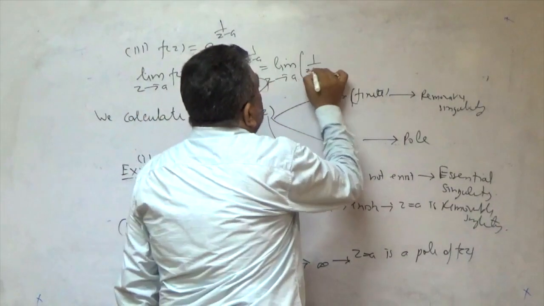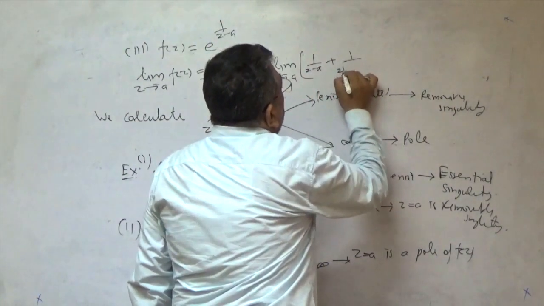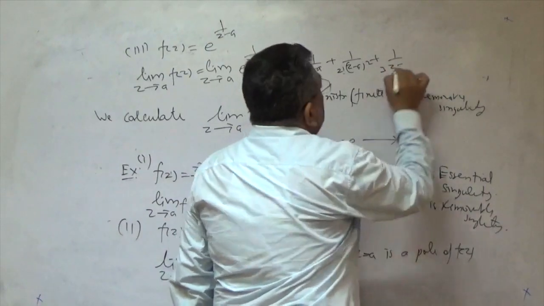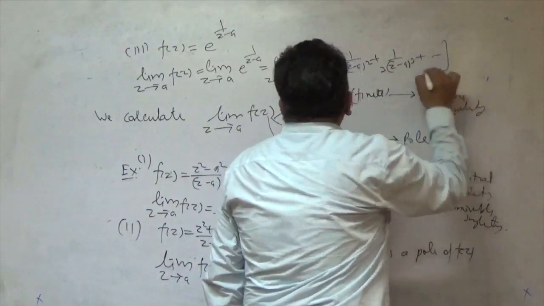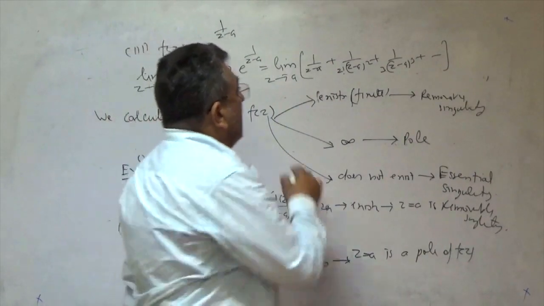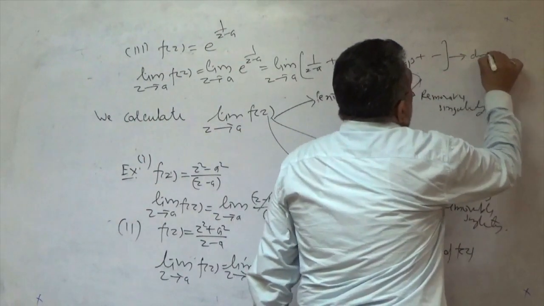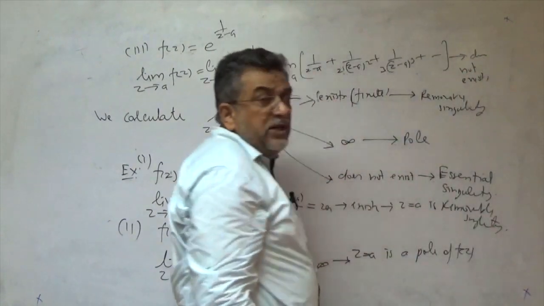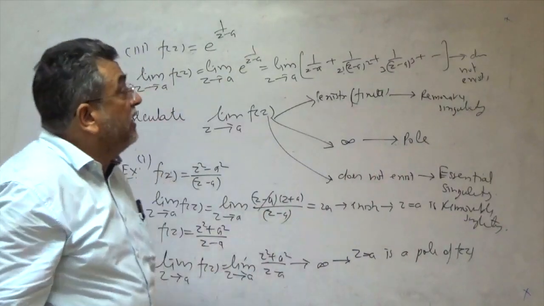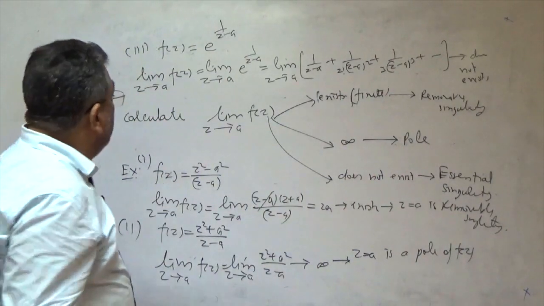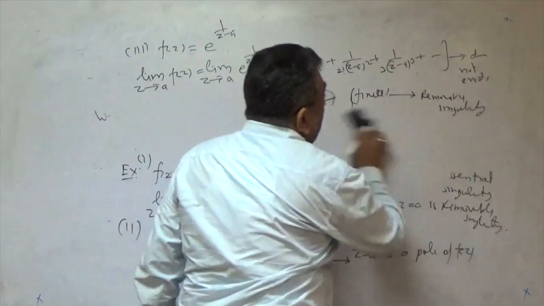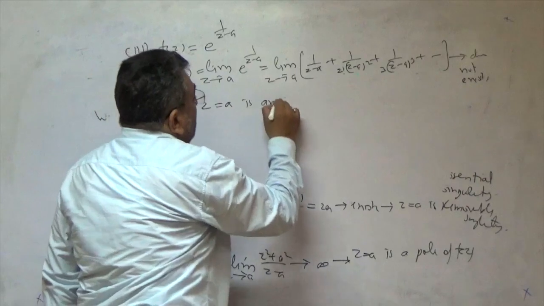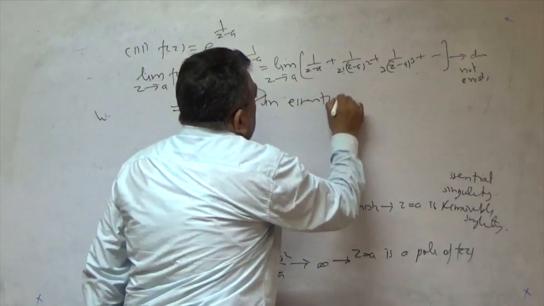This is 1 plus 1 upon (z minus a) plus 1 upon factorial 2 (z minus a) square plus 1 upon factorial 3 (z minus a) whole cube, and so on. If we calculate the value, this limit does not exist because its value is infinity into infinity. And the limit does not exist means this implies that z equal to a is an essential singularity.